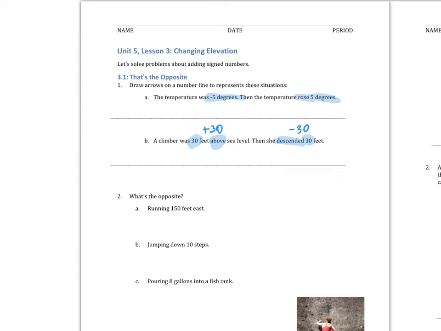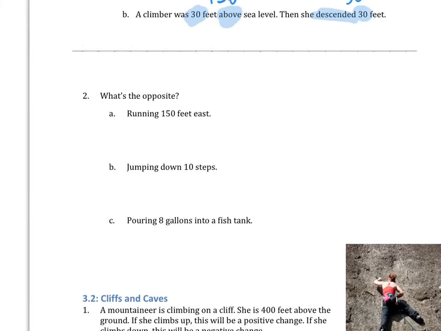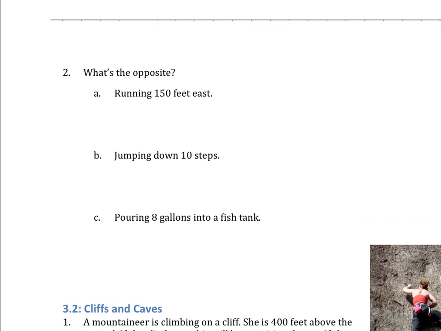Let's take a look at question 2 and come up with what would be the opposite. In 2a, it says running 150 east. On a basic map, east is typically to the right. And anytime you move to the right, that's a positive. So this is going to be a positive 150.